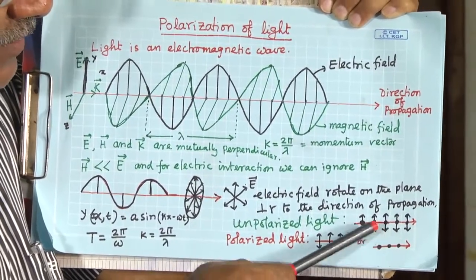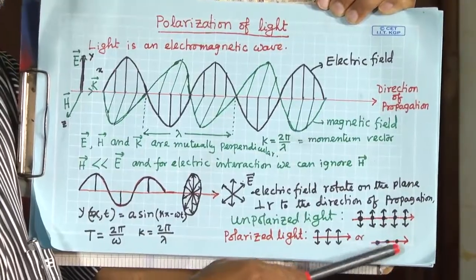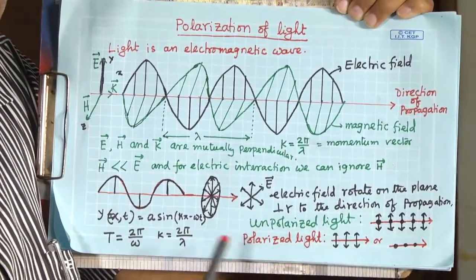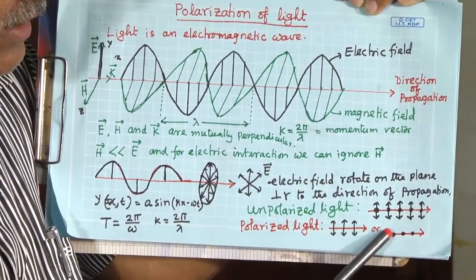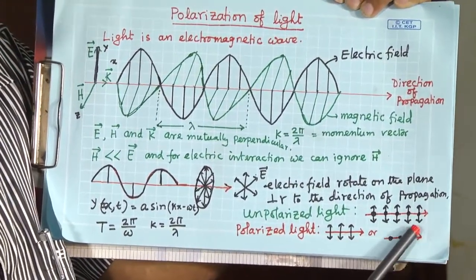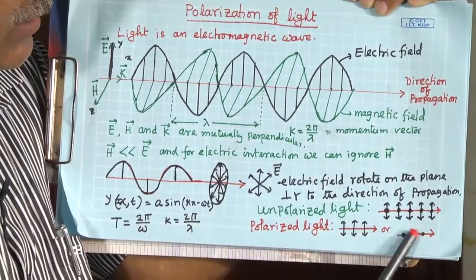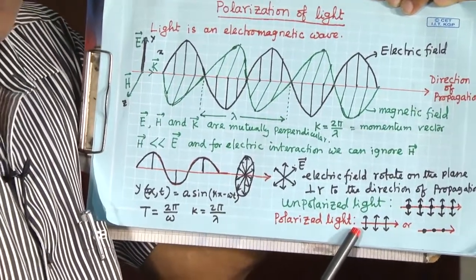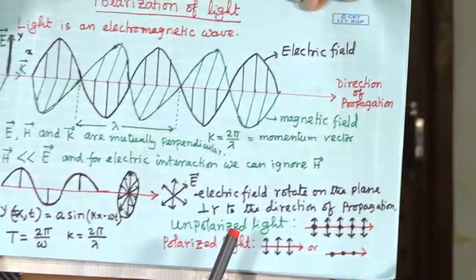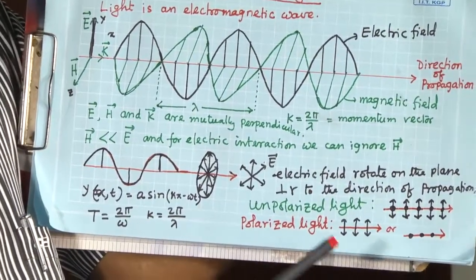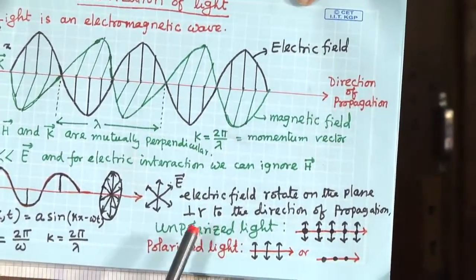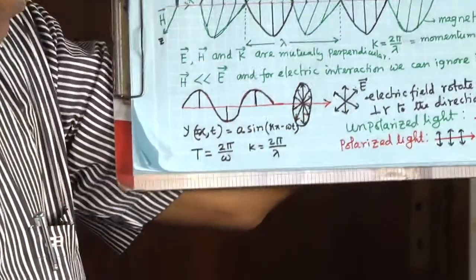Or the other component is there and this component is removed by some means. We can represent either this or that one as polarized light. So, if the electric component has a fixed direction, then it is polarized light, right.